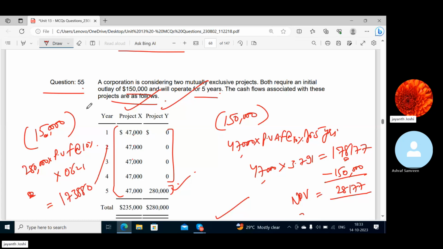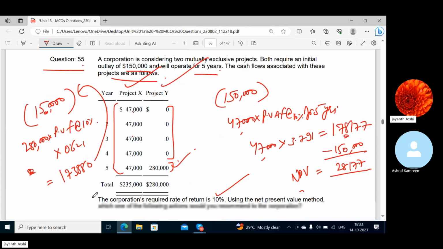If you deduct the outflow, what are you going to get, positive NPV or negative NPV? The difference is 23,880.